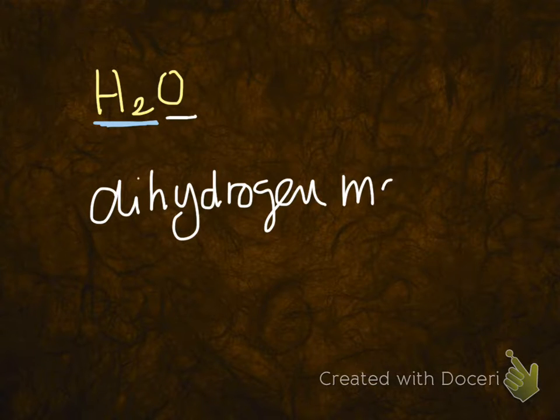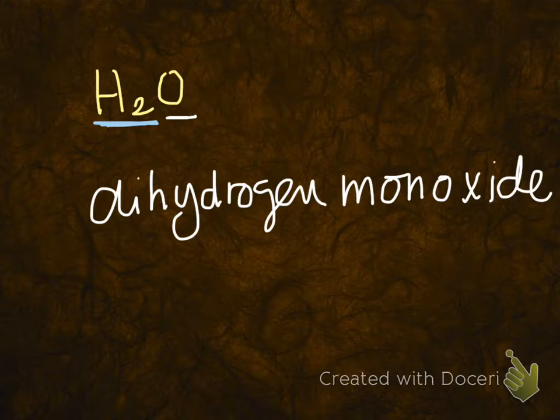We'll have to use the prefix mono, and when used with oxygen, we tend to just make that monoxide. We drop the remaining O in the mono and let the O in oxide take its place. This is dihydrogen monoxide. There's a pretty funny reading I'll share with you about the dangers of dihydrogen monoxide.